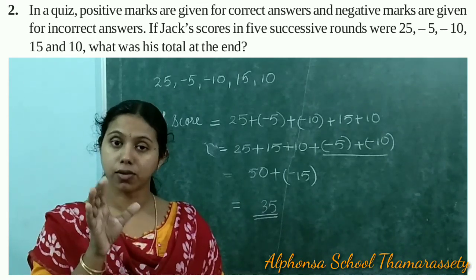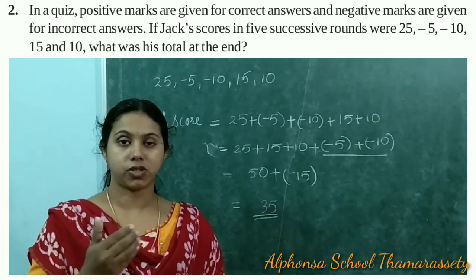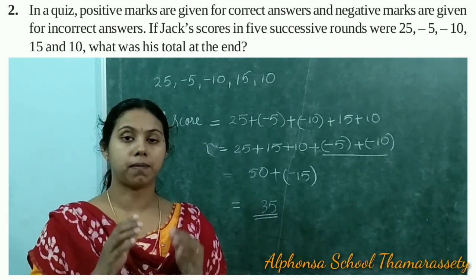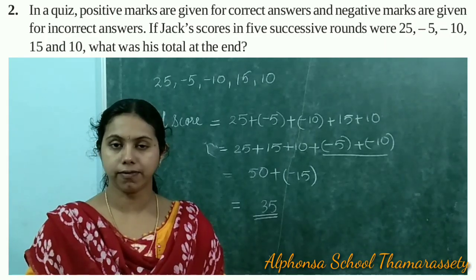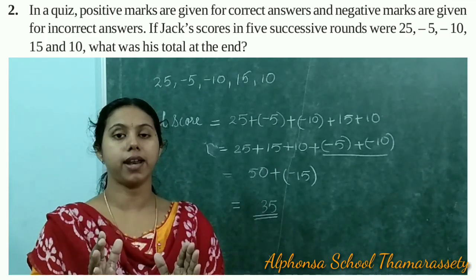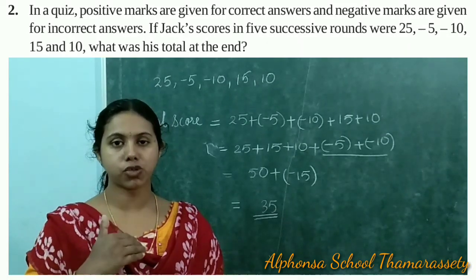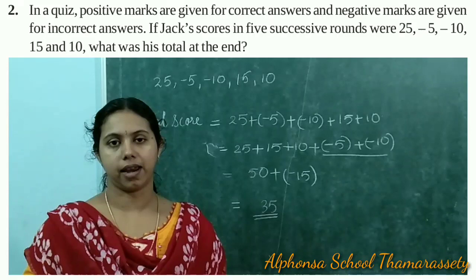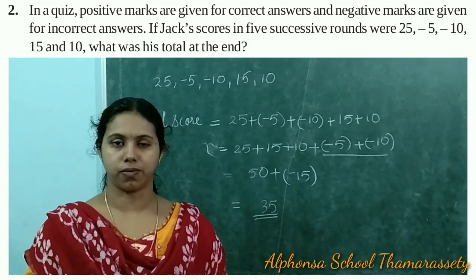You have to write the question first, then write the answer. When I checked your notes, I saw that most of you didn't write the question, only the answer. That is not enough. You should write the question, then the answer. After each question, you should draw a line. And in the margin, you should write the date also.